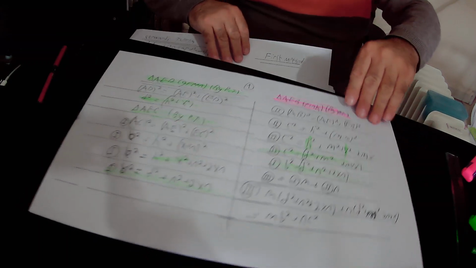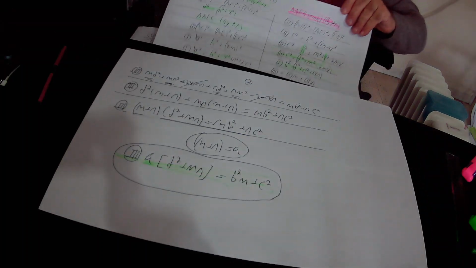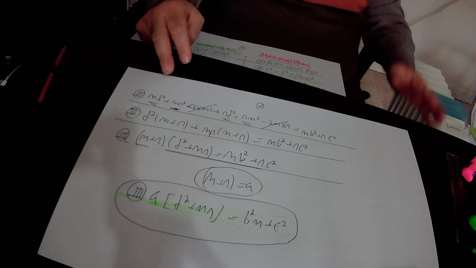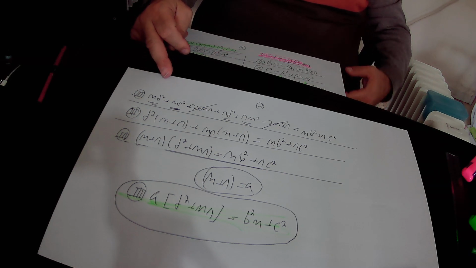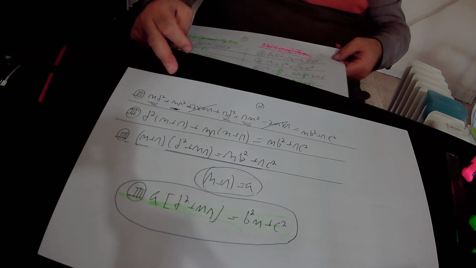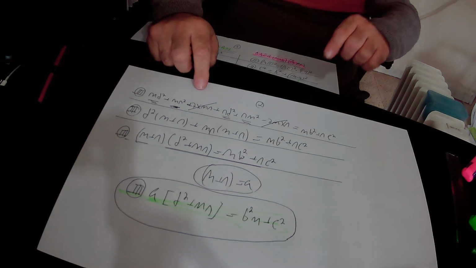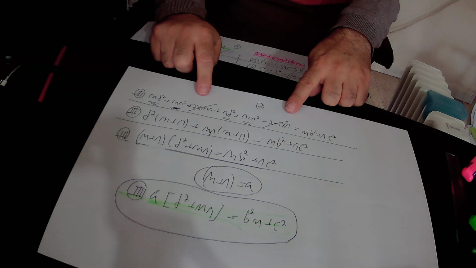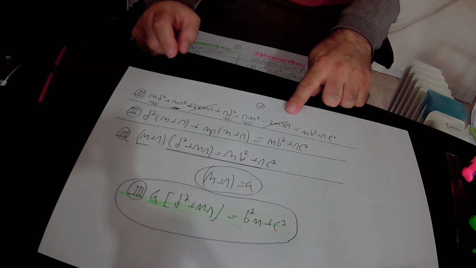Okay, this is the equation that was created, equation number 3, after we opened the brackets. Okay, so here we have plus 2XMN minus 2 MXN equals 0.